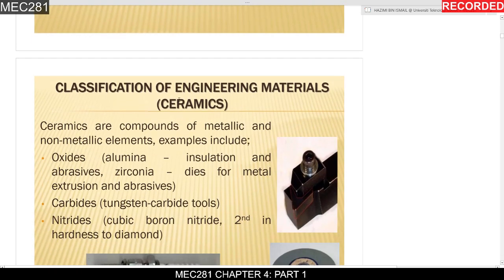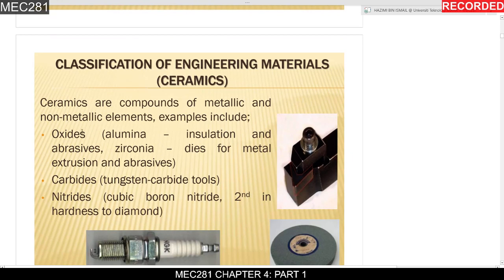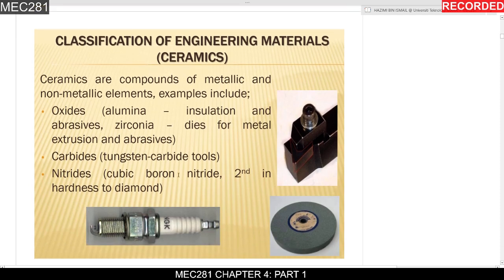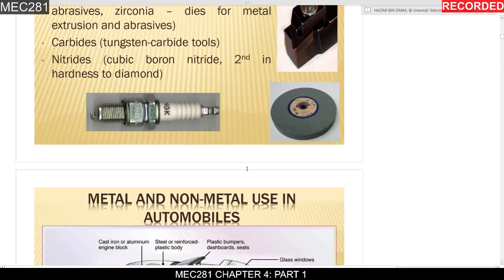So for the classification of ceramics, they can be oxides, such as alumina for insulation and abrasives, zirconia for dies for metal extrusion and abrasives, carbides or nitrides. Ceramics are compounds of metallic and non-metallic elements. So if you combine metallic and non-metallic elements, you can also have ceramic compounds.